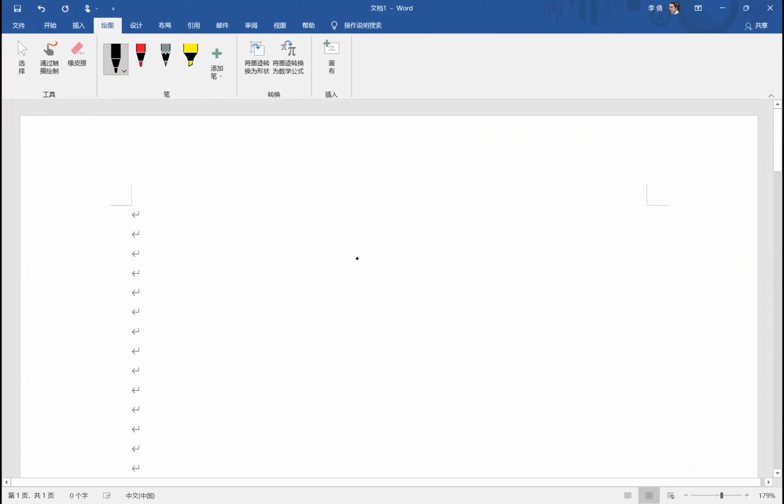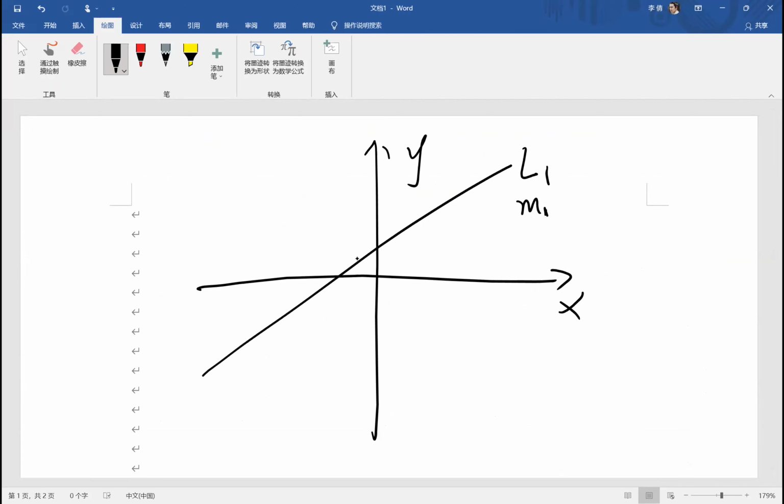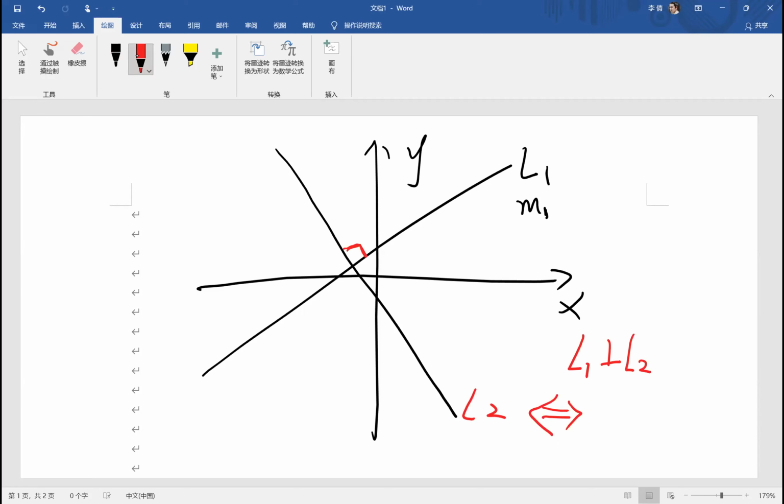Okay, if there is a line, this is the x axis, and this is the y axis, and this is L sub 1. And if we know the slope of this line is M sub 1, and there is a line L sub 2, and L sub 2 and L sub 1 are perpendicular, then we get, if and only if, M sub 1 multiplied by M sub 2 is equal to -1.